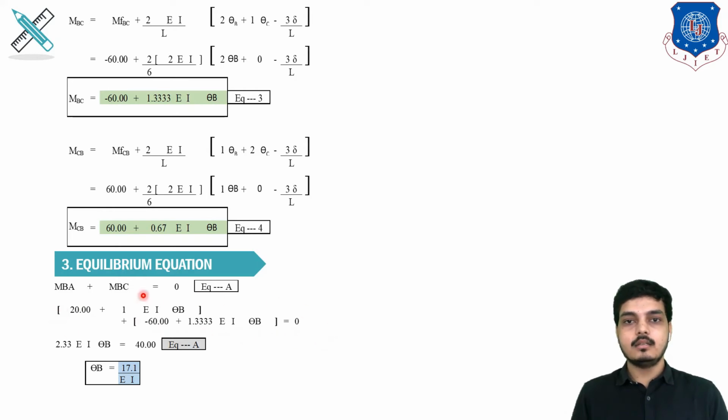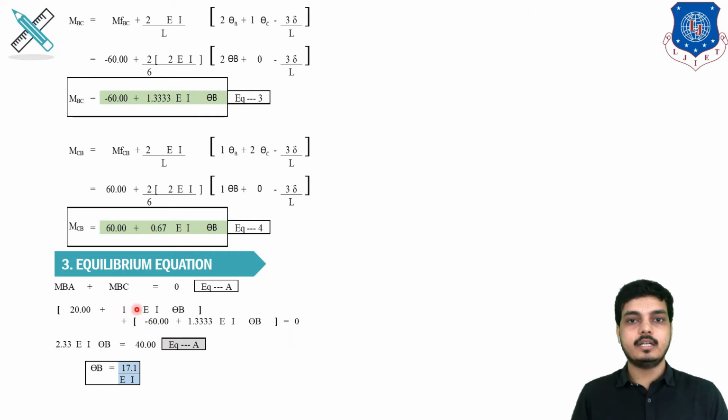Now you can see we have a single unknown, which is theta B. After solving this we get 2.33 EI theta B equals 40. Let's see how. 20 minus 60 equals minus 40, and taking it to the opposite side of the equals sign it becomes plus 40.